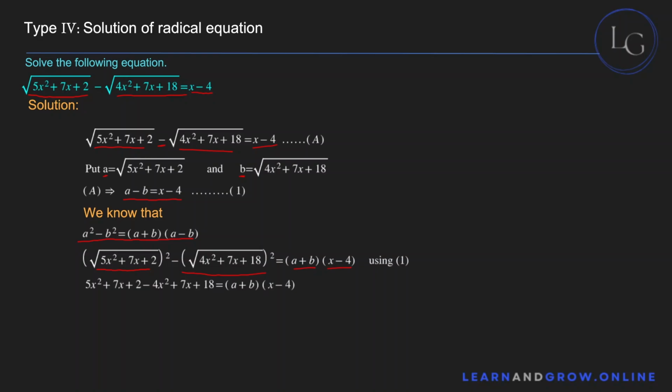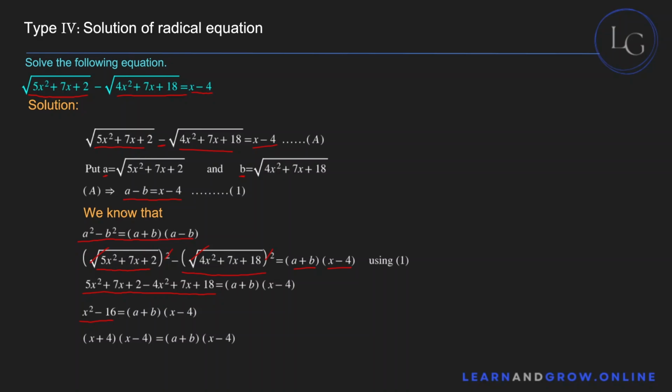So now what you'll do is you can cancel out these radical signs as they're being squared, and then you get this. Now, once you solve this, you get x squared minus 16.